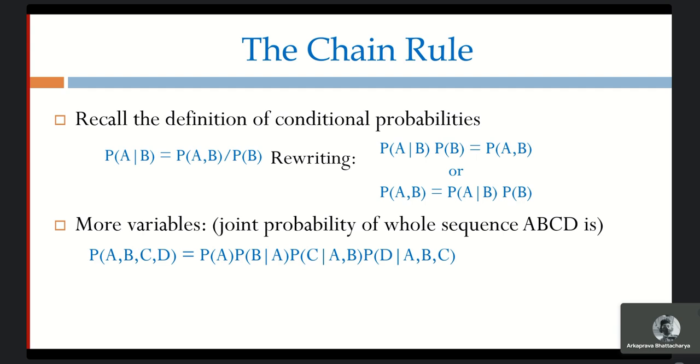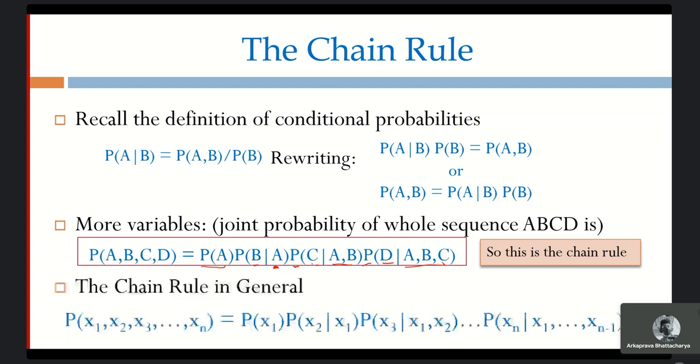Now you can see the probability of A, probability of B given the previous, probability of C given the previous, probability of D given the previous. This is what I'm going to consider the chain rule of probability. So this is the chain rule.